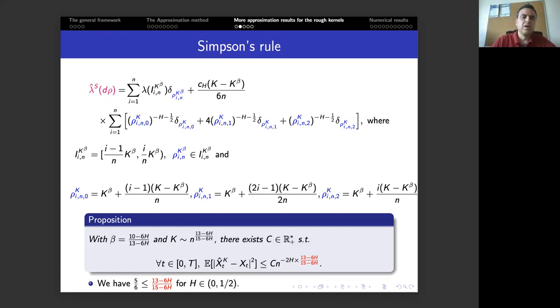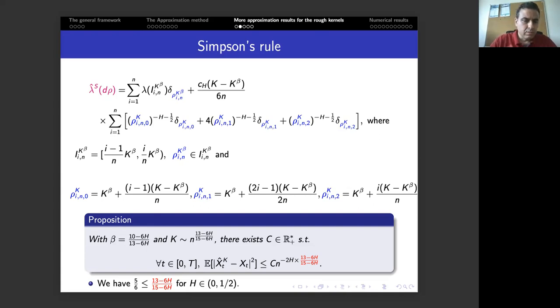This means that trying to improve the naive Riemann approximation will of course improve the approximation rate of our discretization scheme.